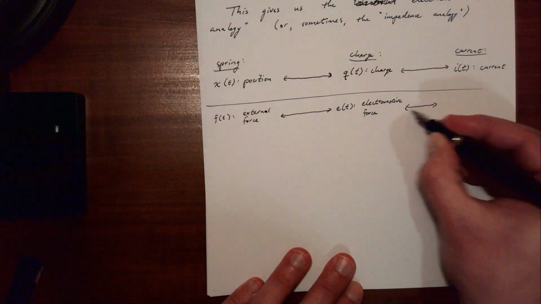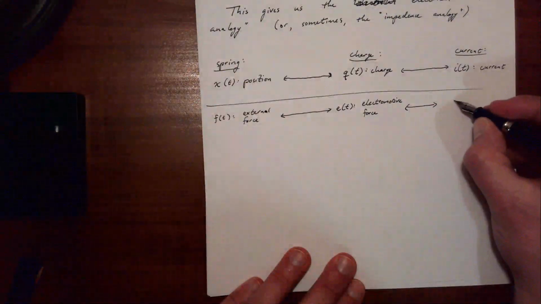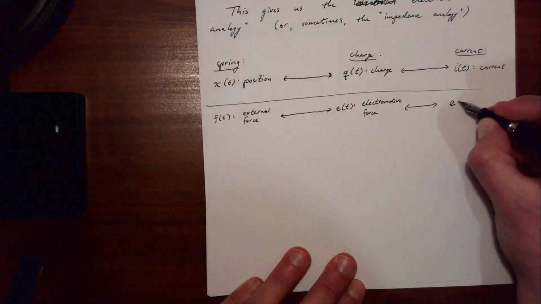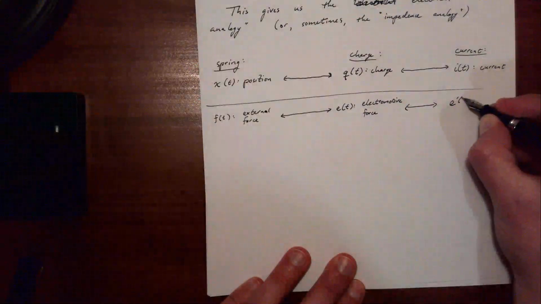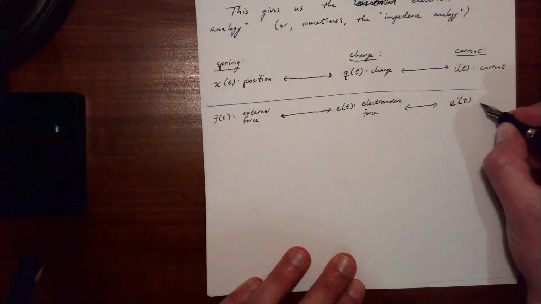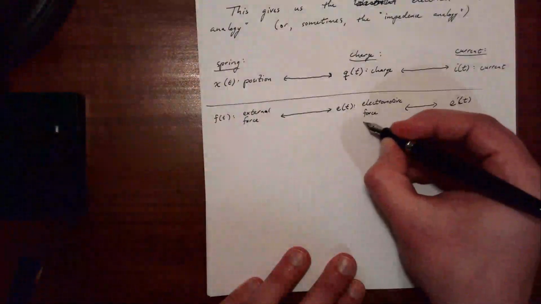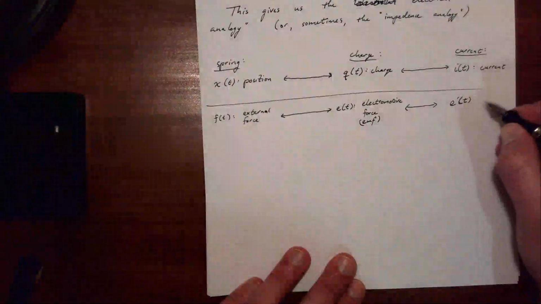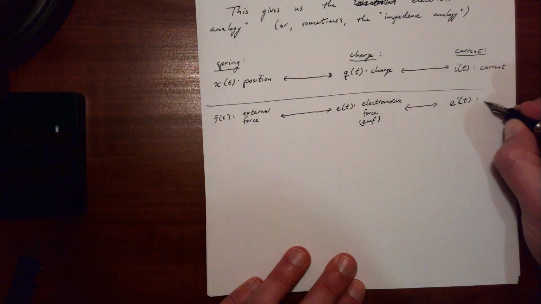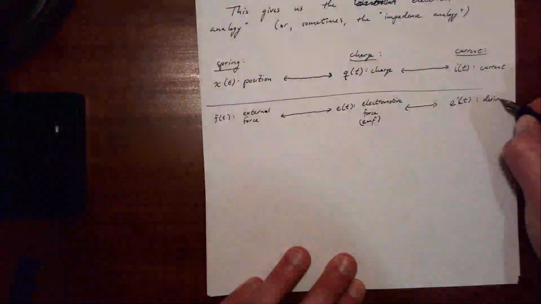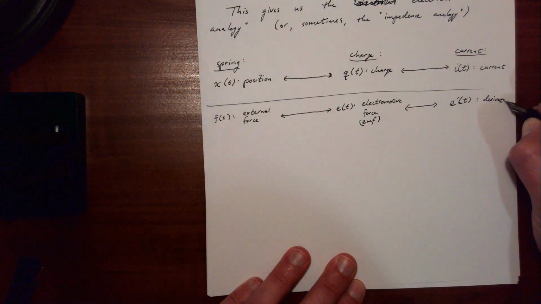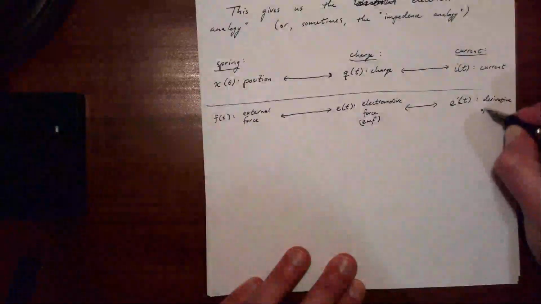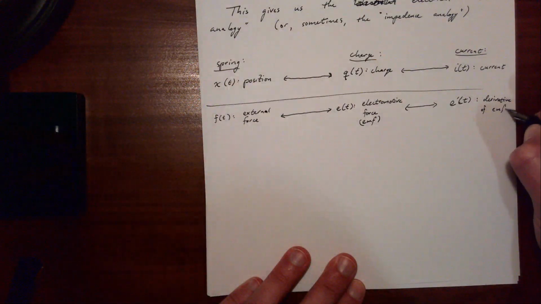Which also corresponds to E prime of t on the current side, which is just the derivative of the electromotive force. By the way, EMF is another name for the electromotive force.